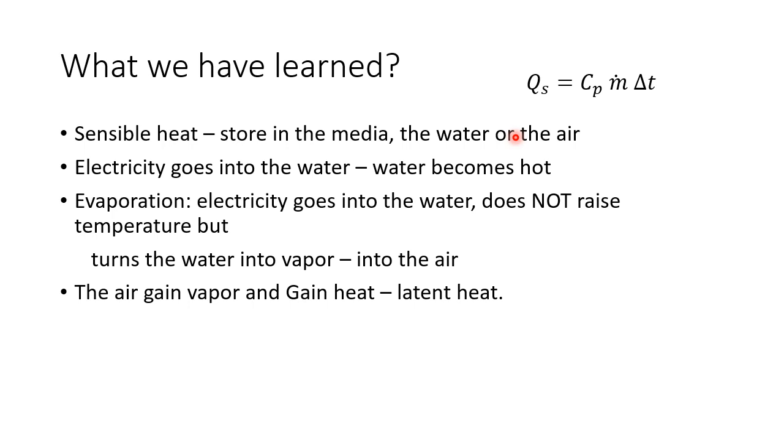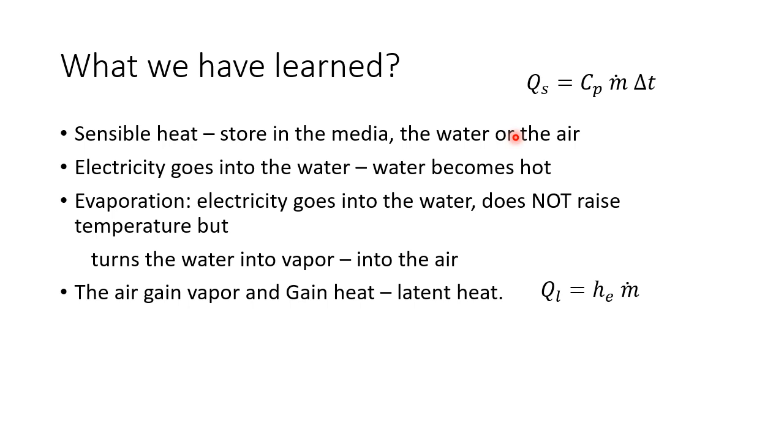And then if we move away from the water in the kettle and look at the surrounding room air: if the kettle loses vapor, then the room air will gain the vapor. So water loses energy, and the air gains energy, but the energy gained is called latent heat.